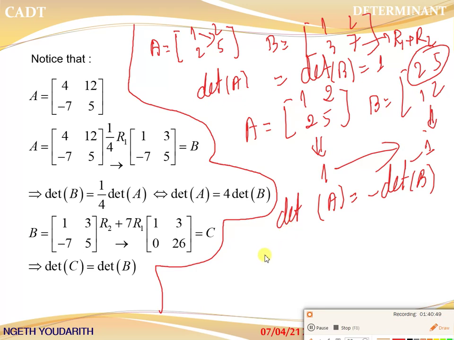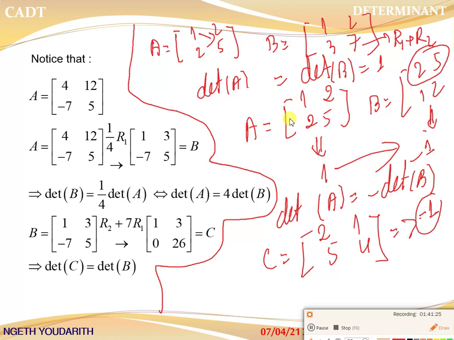Or if we change the columns, I can write 2, 5, 1, 2, so we get only minus 1. So if we swap row 1 with row 2 or column 1 with column 2, the sign of the determinant is different. If A is negative, B is positive.